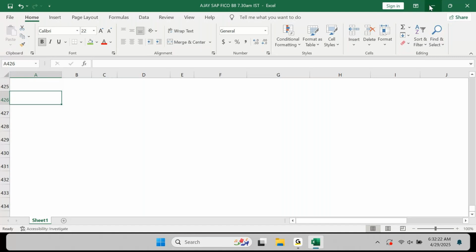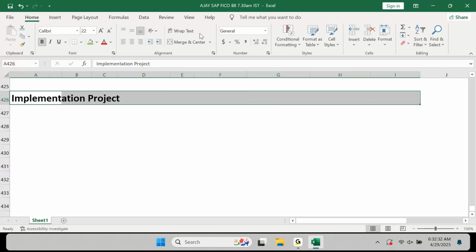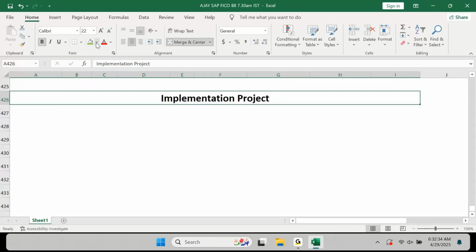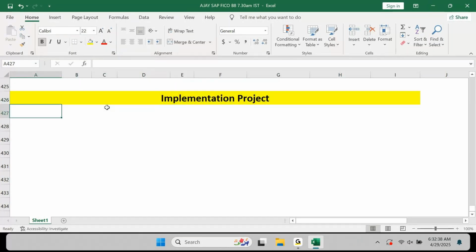Implementation project. This is something everybody is expecting from us. If you tell them you have no experience on implementation projects, they will not even schedule the interview.